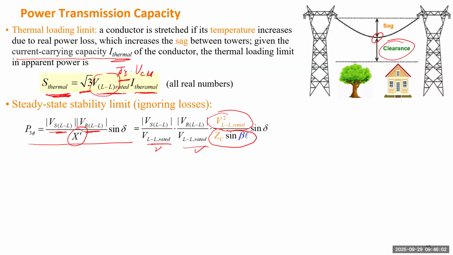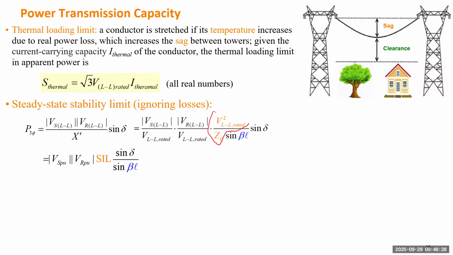Okay. Then we can change this one to the per unit value and this one to the per unit value. The formula will become per unit voltage on the sending end, per unit voltage on the receiving end. So here is the angle difference and this sine beta L, and so this part is exactly the surge impedance load.